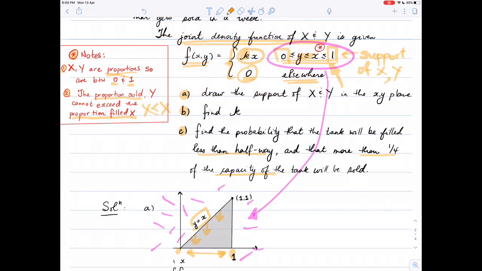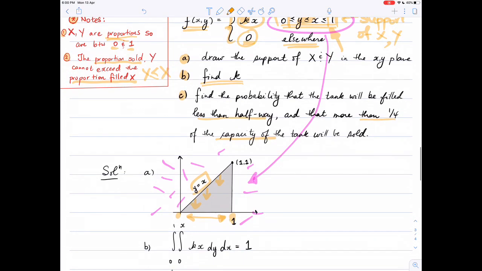B, find k. What do we need to use for k? Well, we have to use the property that the integral over the entire plane of the density has to give 1. It's the total probability. If we go over just the region that is non-zero, we can set up a double integral.